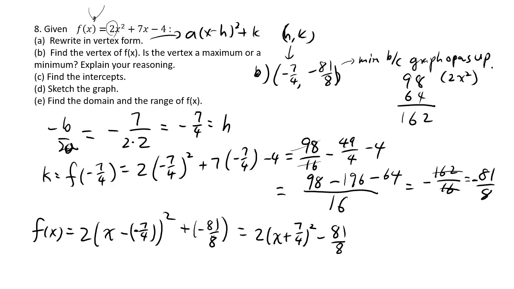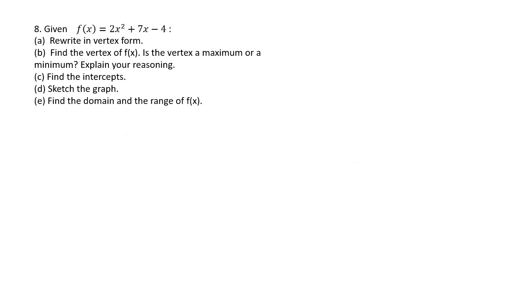Okay. All right, now let's find the intercepts. For the y-intercept, you set x as 0. So you have f of 0, which is, you put 0, and then 0 minus 4. That's negative 4.